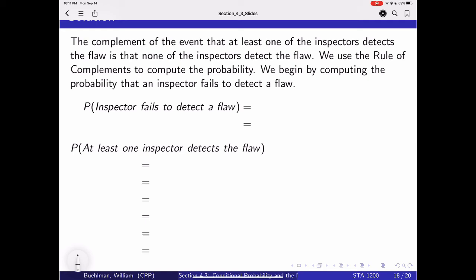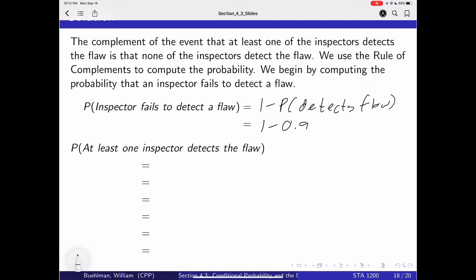We begin by computing the probability that an inspector fails to detect the flaw. So the probability that an inspector fails to detect the flaw is 1 minus the probability that they detect the flaw, which is equal to 1 minus 0.9.